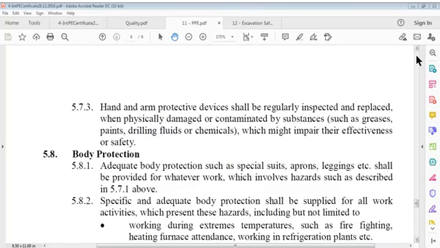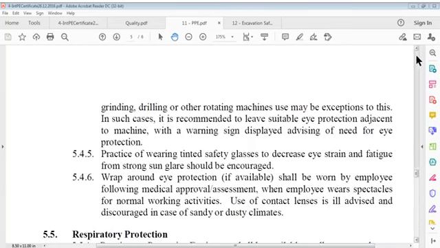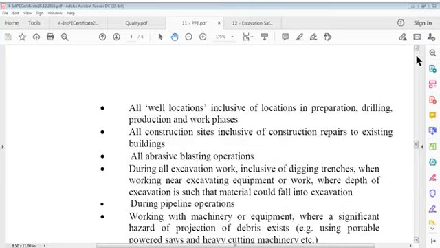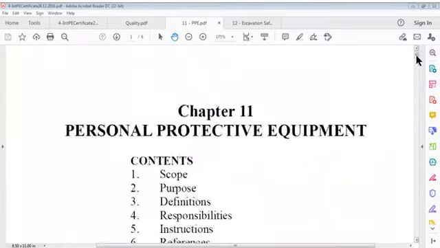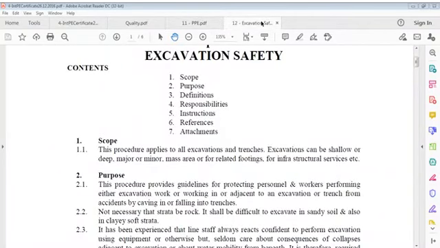Just discussing PPEs in this talk. We may repeat it because this is PPE, but now we say excavation safety, though it's not very big.